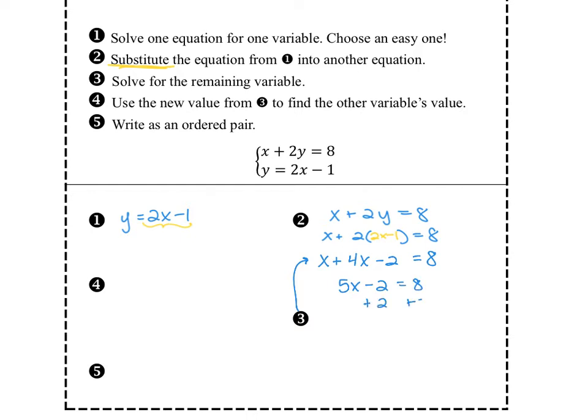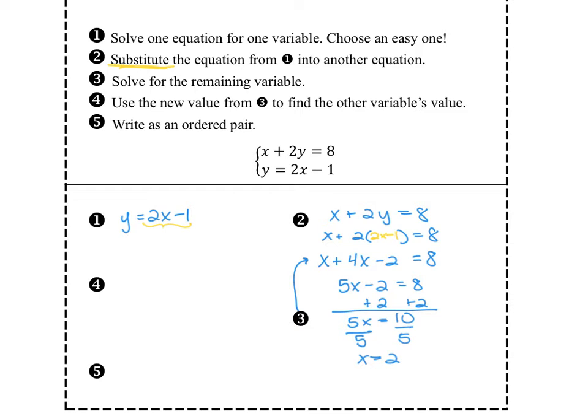I will add 2 to both sides. So we get 5x equals 10. And then we divide by 5 to get x equals 2. So now we have what x equals.